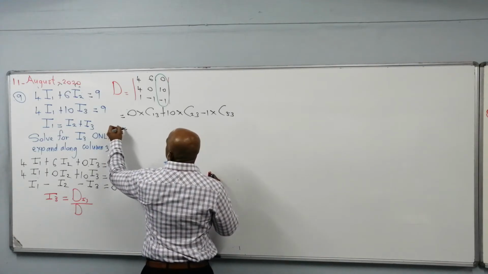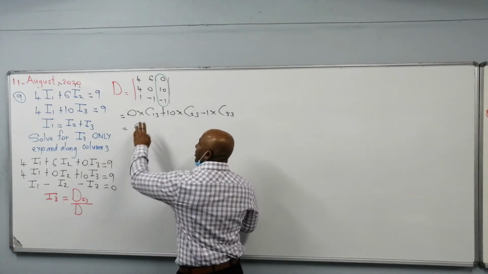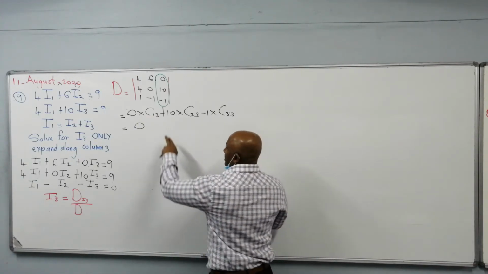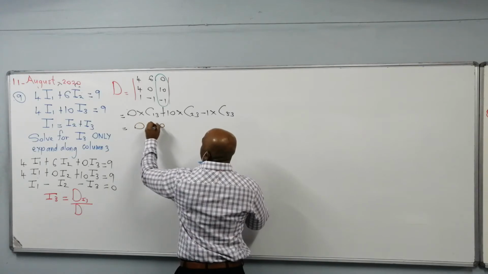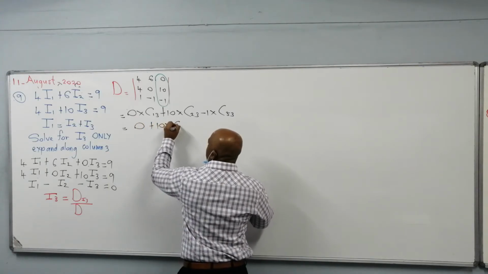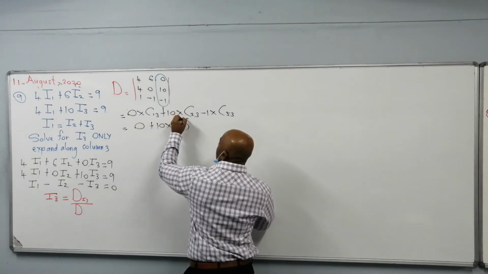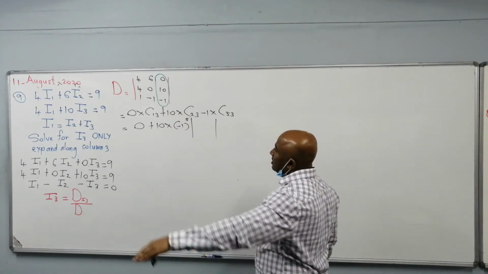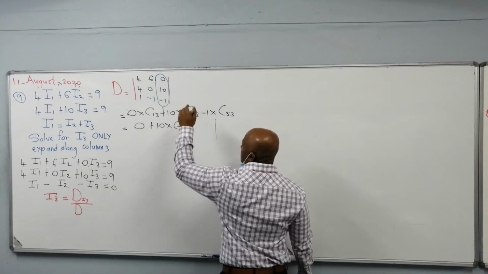So now we know here 0 times anything is 0, so there's no point in writing anything down. So that's going to be 10 times minus 1 to the power 2 plus 3, which is 5, block row 2, block column 3, so that's 4, 1, 6, minus 1.